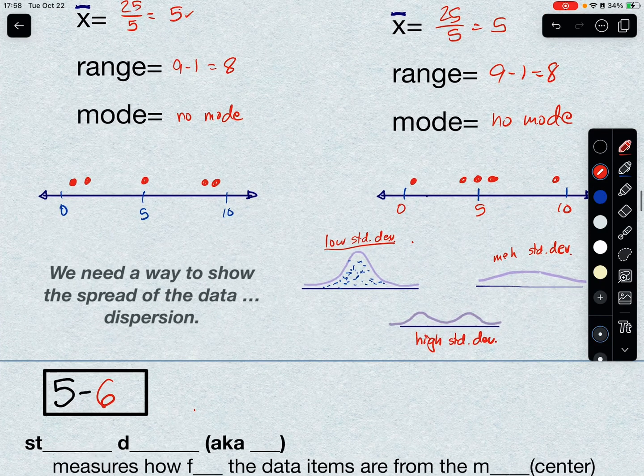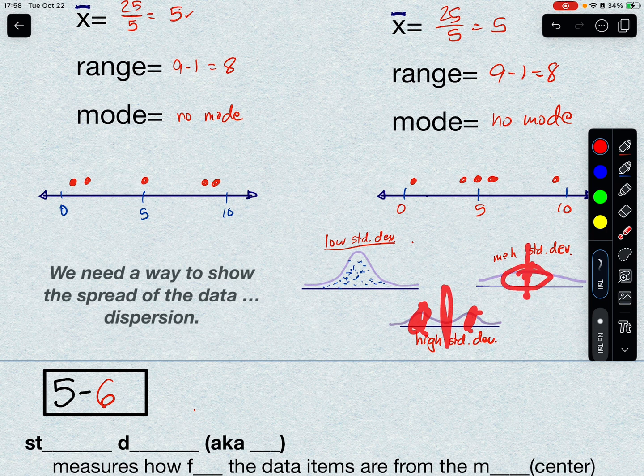Okay. Again, we are looking for how far is something from the middle. Yeah? So this has a lot of items far from the middle, whereas this, even though they're spread out, they're kind of near the middle. And here we have, obviously, everybody is near the middle, except for these people here. All right.